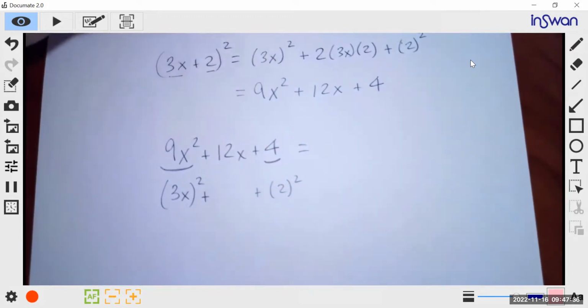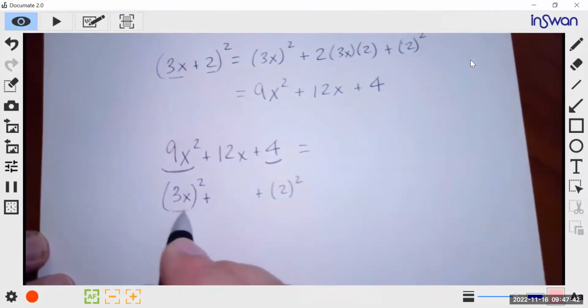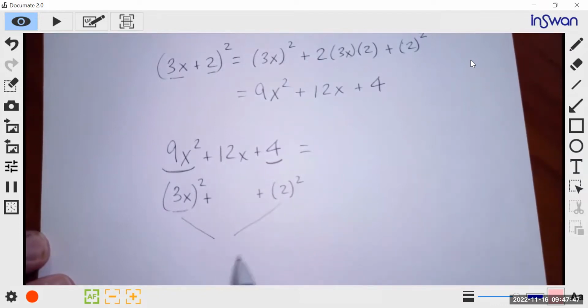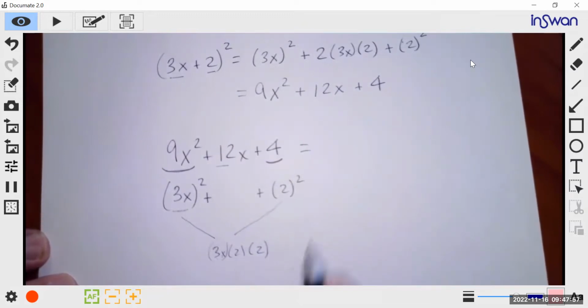Now comes the test. If I take this first term times the second term and double it, times 2, does it equal the middle term? 3 times 2 times 2 is 12x.